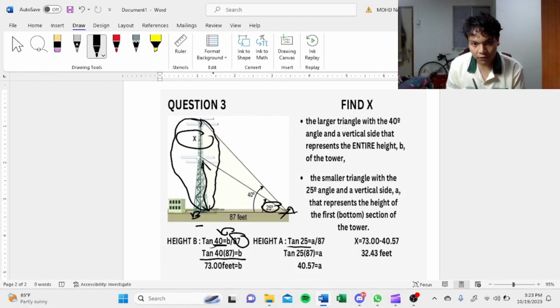Okay, tan 25 equal to A over 87. This is what we get if we put it in the formula.